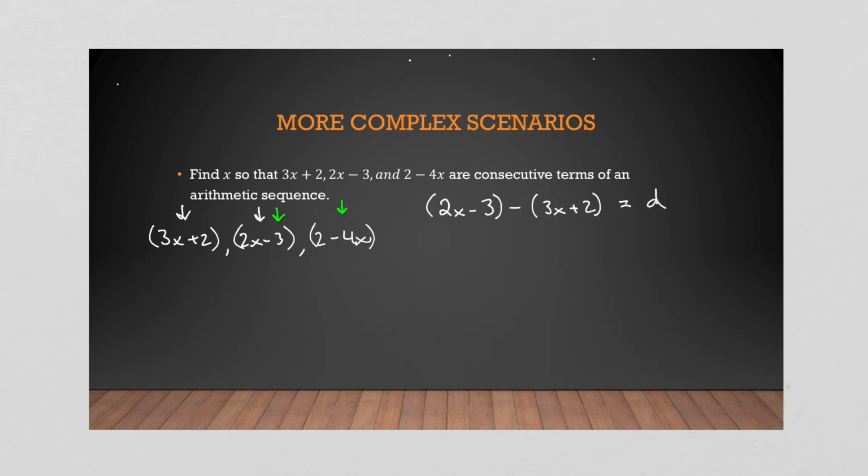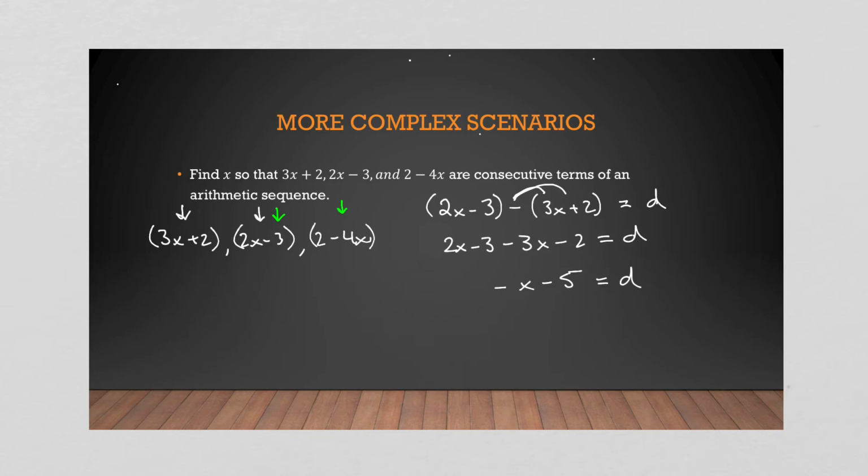That's going to give us D. Okay, and what we get is 2x minus 3 minus 3x minus 2. You've got to water bomb in that negative. And we get that D is equal to negative x minus 5.